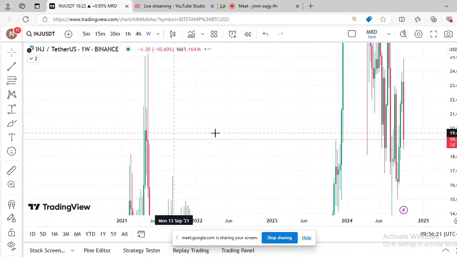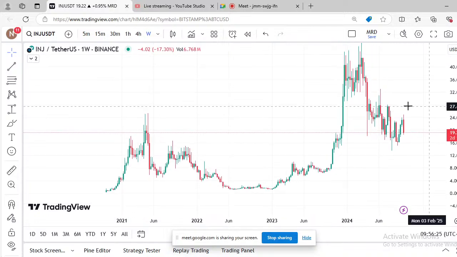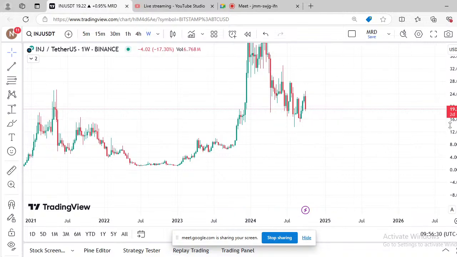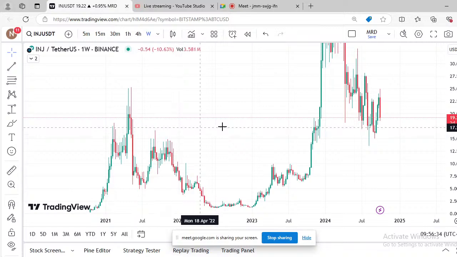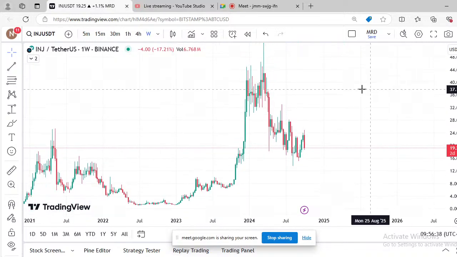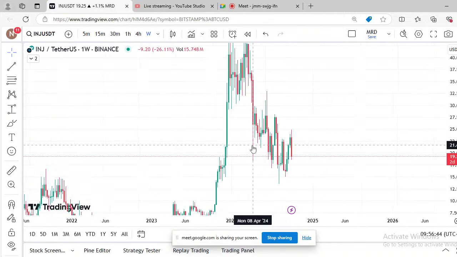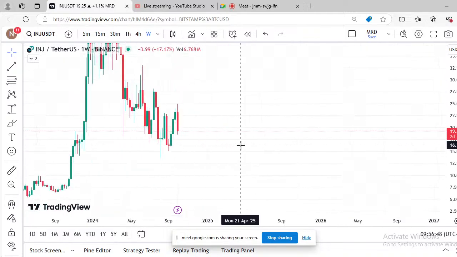This is the week, meaning each candle on this chart is representing a week. When you switch to week time frame, each candle represents a week. From there, we first look into the previous.